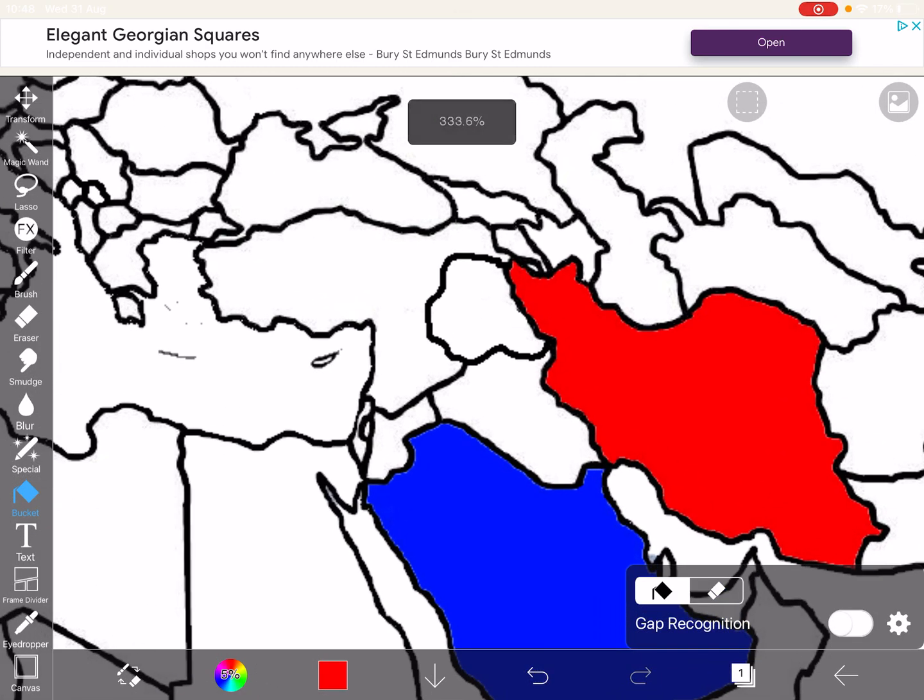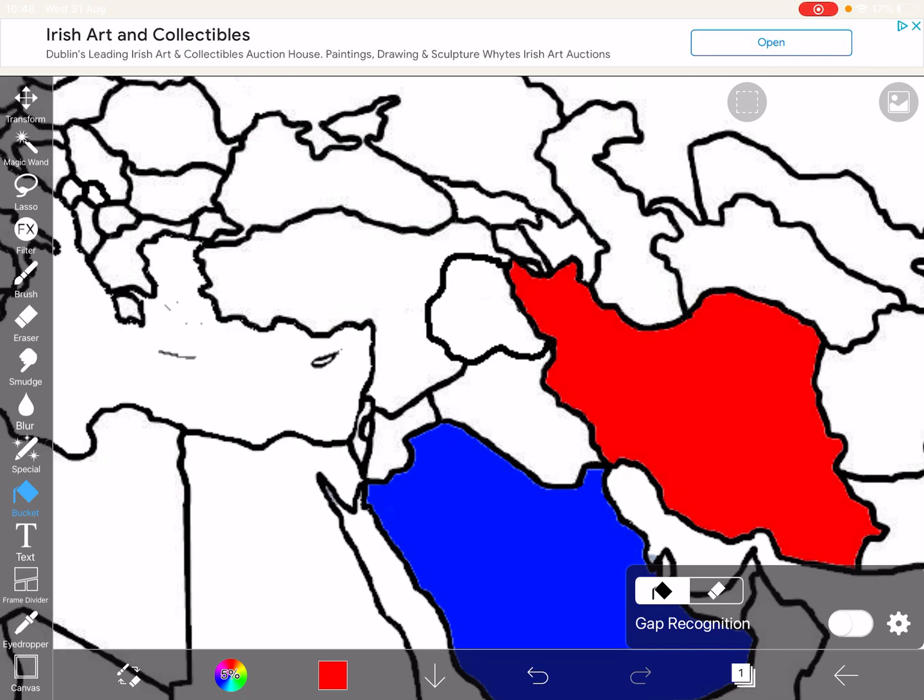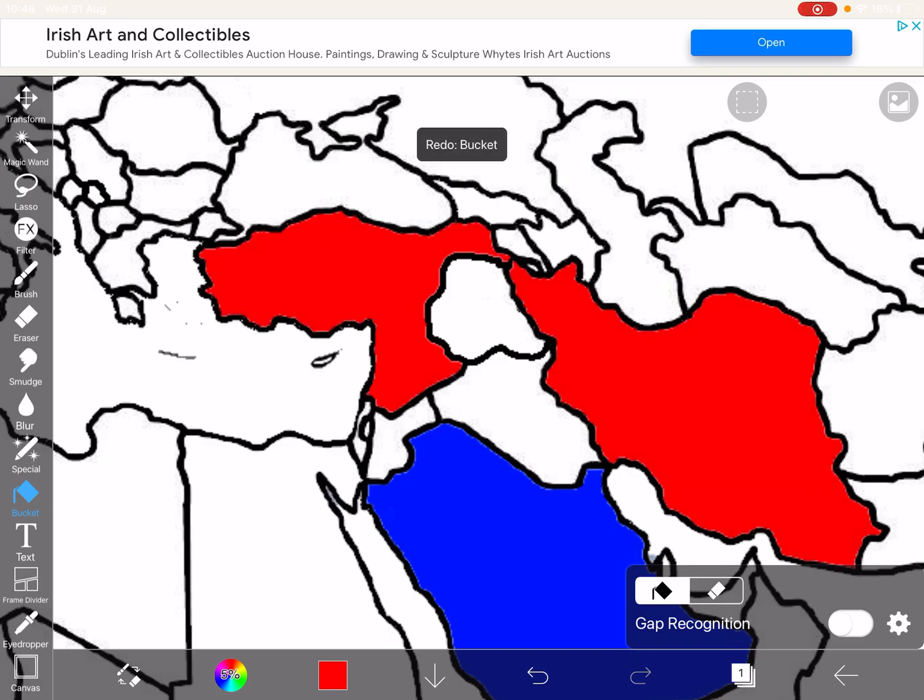So Turkey, it's weird with Turkey. They hate Iran, but then they also joined the CSTO and Iran's in it. But this is fictional, and they don't necessarily like Saudi Arabia anymore because they're going to join NATO. So they join the red side. I'll bite the bullet, they join the red side.